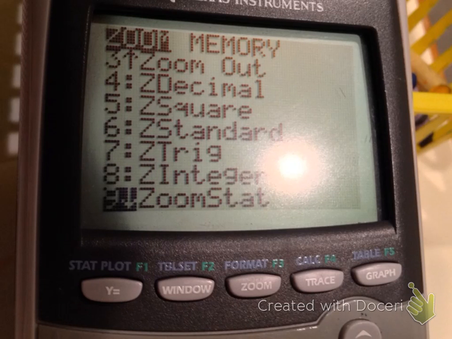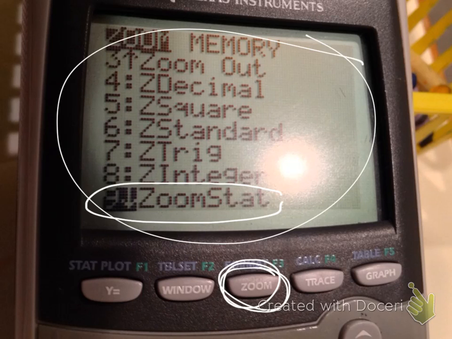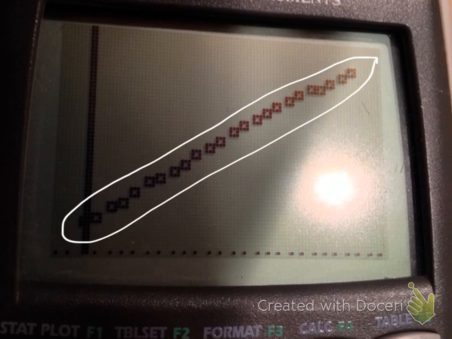And then you want to push zoom right here, and then you want zoom statistics. That's going to take care of your window here. And then you will get a picture of your scatter plot. It's nice and linear, positive.